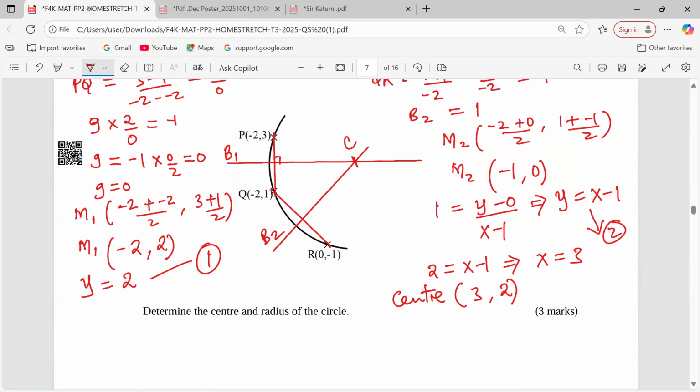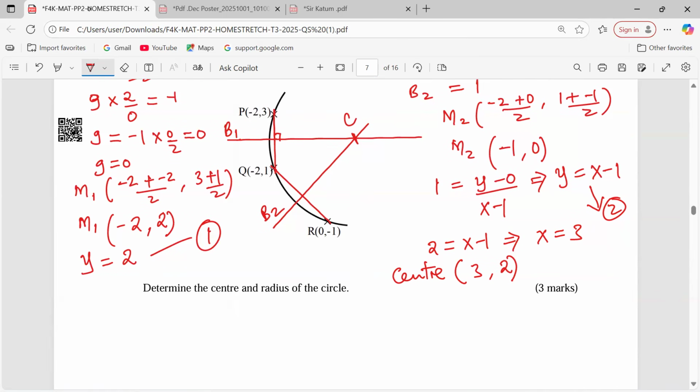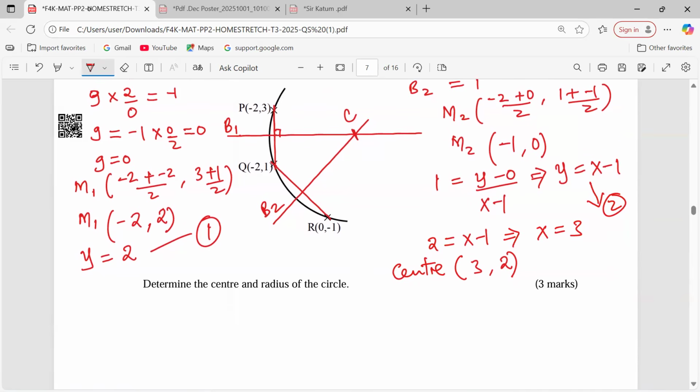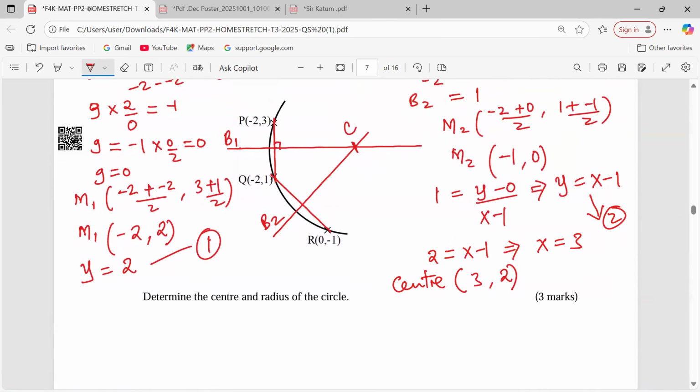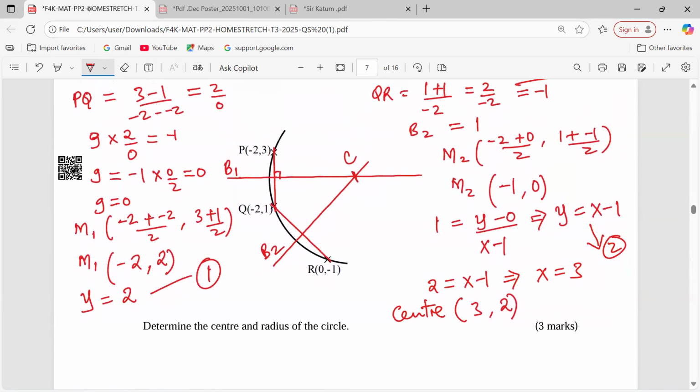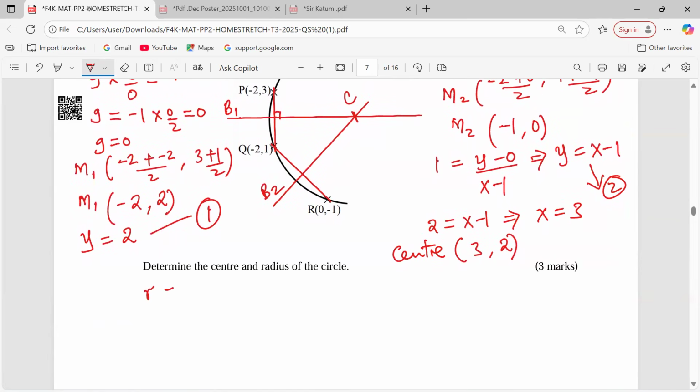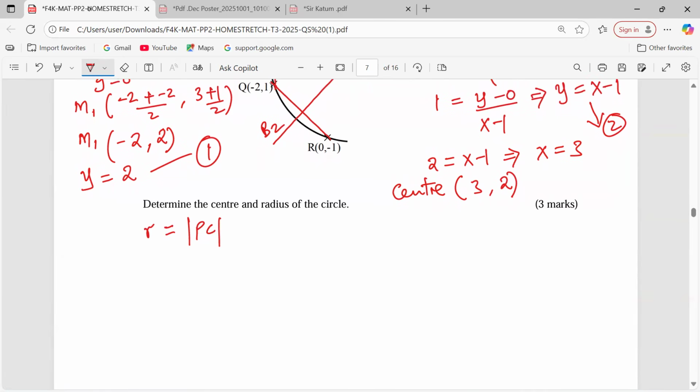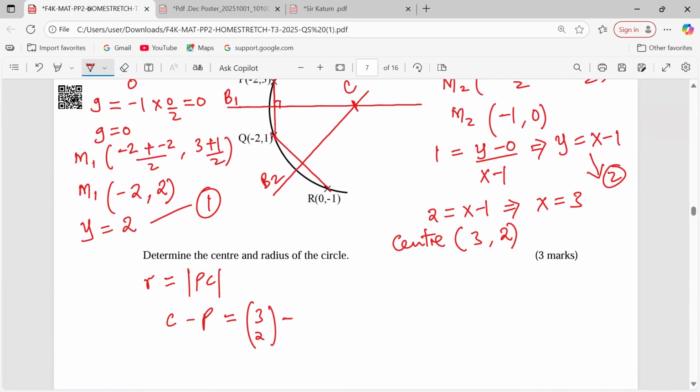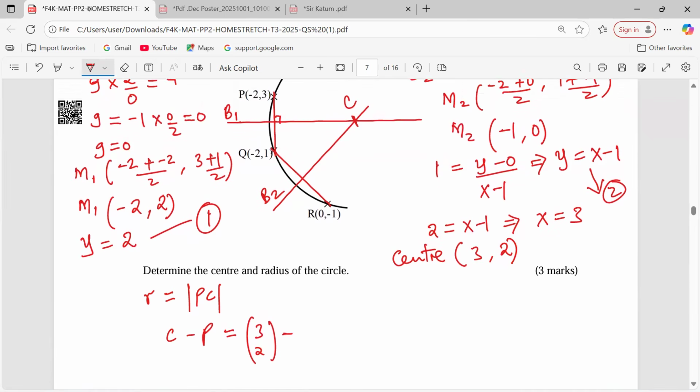If we have the center of the circle, it will now be very easy for us to find the radius. The radius of the circle now requires a vector length. From P to the center, from Q to the center, from R to the center, any. So radius shall be the magnitude of PC. So let's get PC first. C minus P, giving us 3, 2 minus P, which is negative 2, 3.